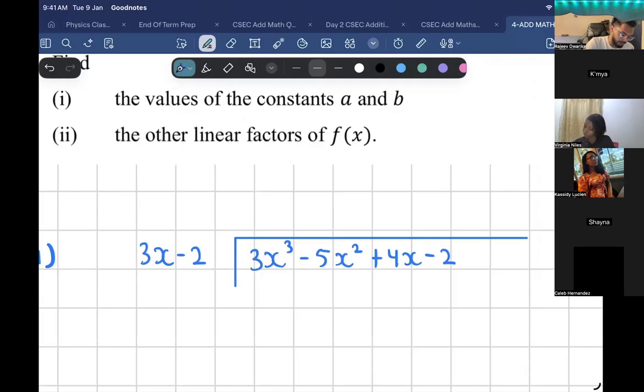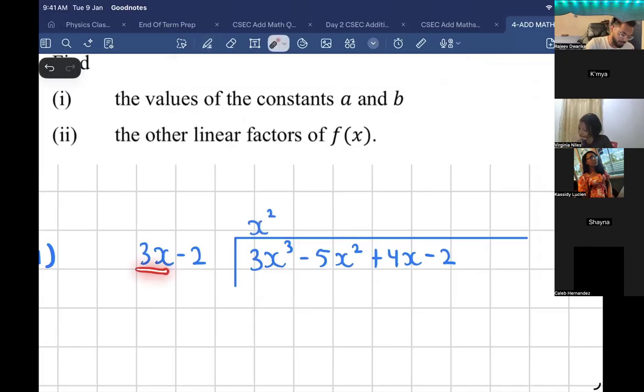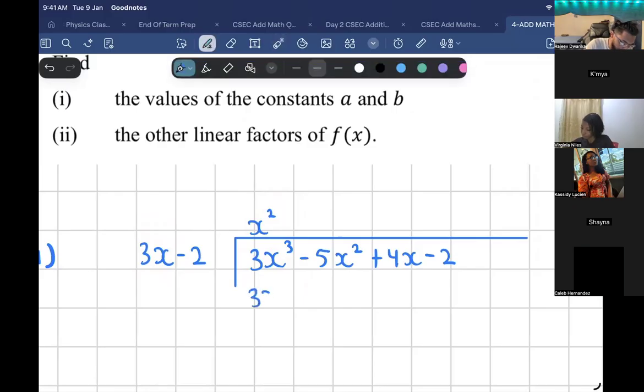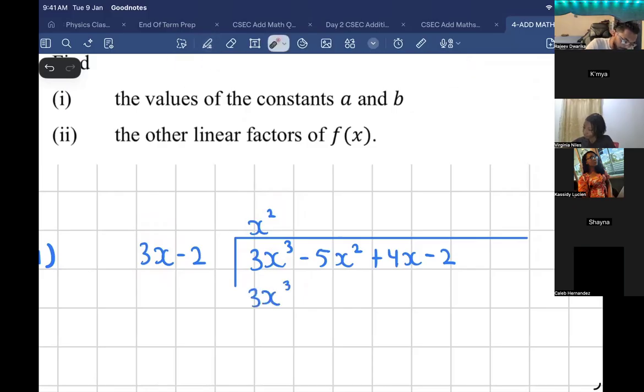Right. So Sheena, what's x squared by 3x? 3x cubed. Right, so I'll put 3x cubed here. Then we'll do x squared by minus 2. What will that be?